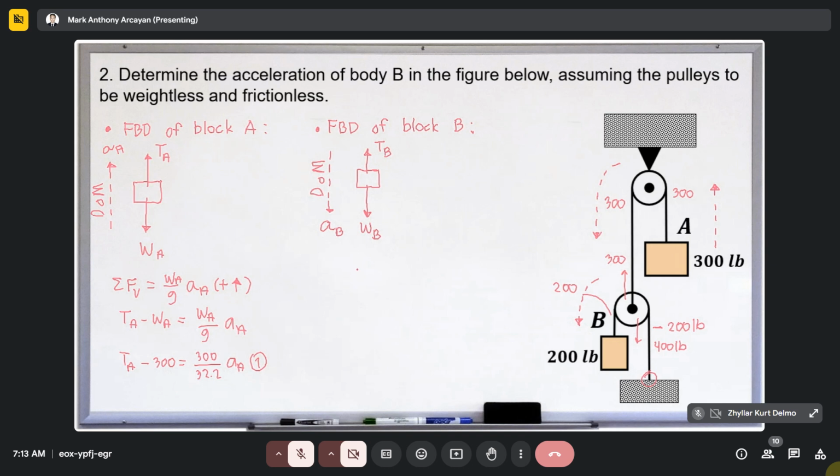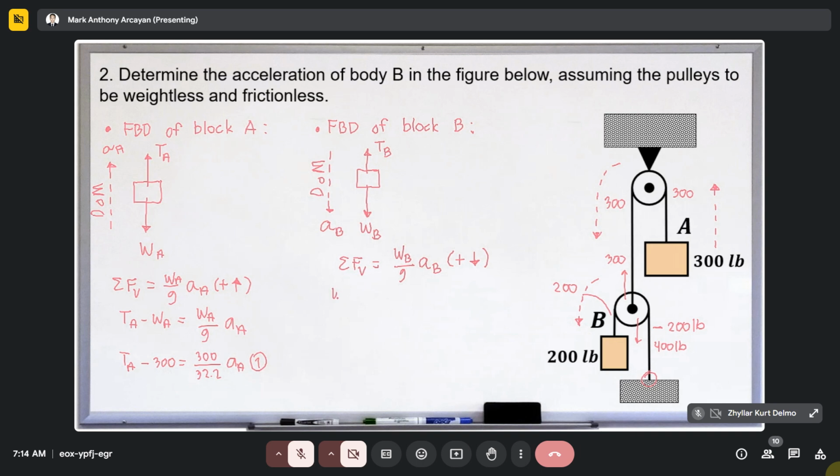Next, form again the summation of forces along the vertical axis. That is equal to its mass multiplied by its corresponding acceleration. Then indicate the sign convention. It must follow the direction of motion, which is downwards. Okay, let's indicate the forces that act along the vertical axis.